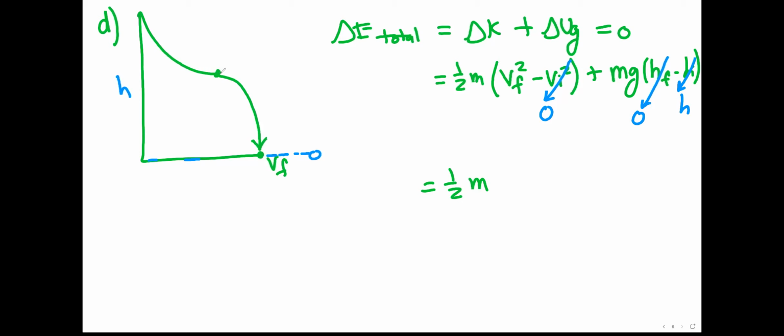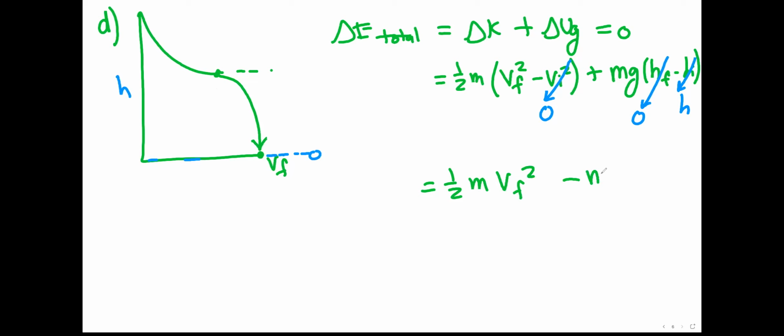If I start from here, the initial kinetic energy is 0. If instead you start from there, the initial kinetic energy would be that complicated expression. We could have done it that way too, but I chose this way so that I have more zeros.